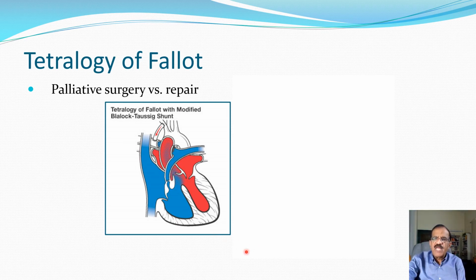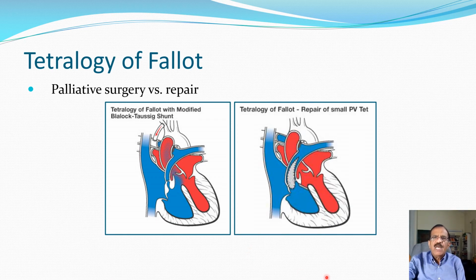But in advanced centers, I think repair is done straight away, and in the repair you correct the actual abnormality. This would be a very complex surgery because we have multiple defects, and I understand that every child may not be lucky to recover completely. I think some residual symptoms will perhaps persist.